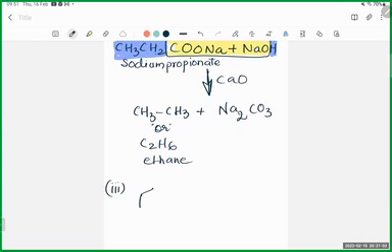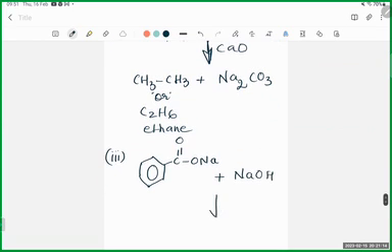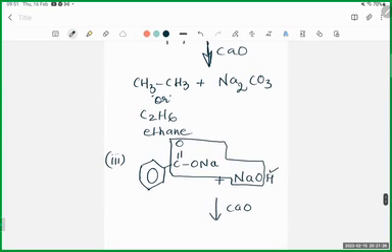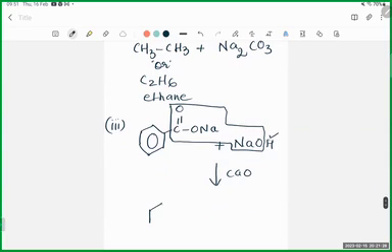What happens when sodium benzoate is treated with soda lime? So think about it. This whole part goes away, and this hydrogen will come at this place. So what do you get there? Hydrogen on benzene, that means benzene.